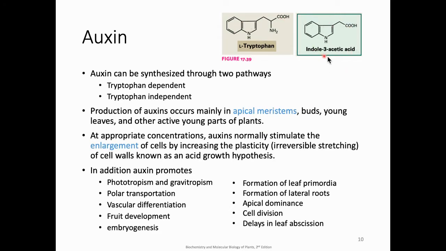This one is indoleacetic acid. Auxin is actually a broad name. There are so many molecules or chemicals that can be auxin, and indoleacetic acid is one of the auxin hormones. It is the naturally produced auxin.